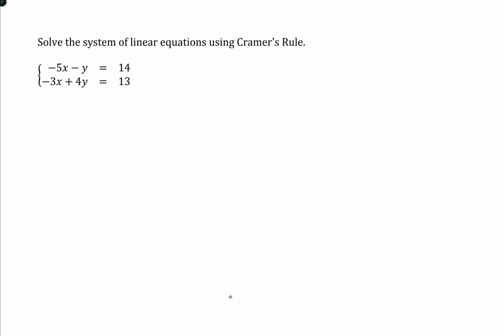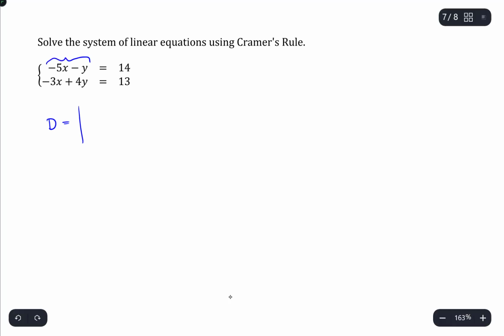So first off, we define matrix D. It's going to be a determinant, but I'll say capital D is the determinant of the matrix that just includes the x and y variables, so not the constants over here. So this is going to be -5, -1, -3, 4.